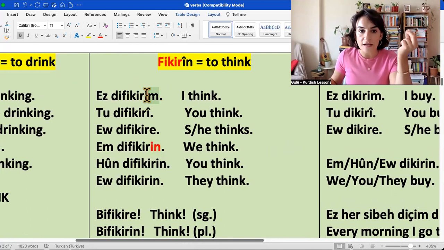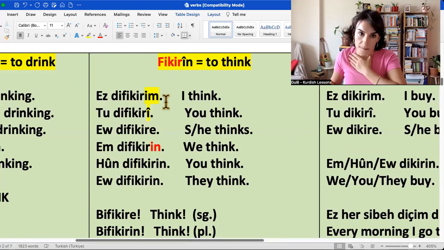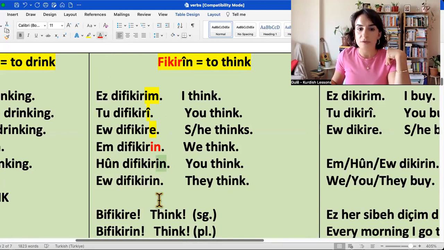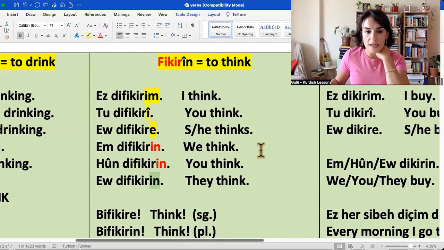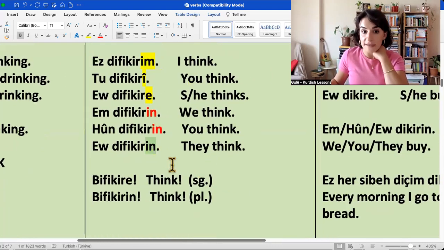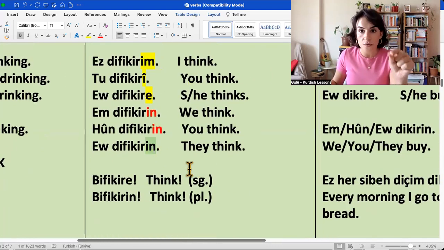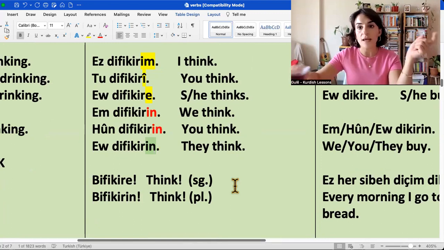So you see, in present tense, the first person takes its ending, and the plural takes the same. And here we have the imperative form: bifikire, you think, and for plural, bifikirin.